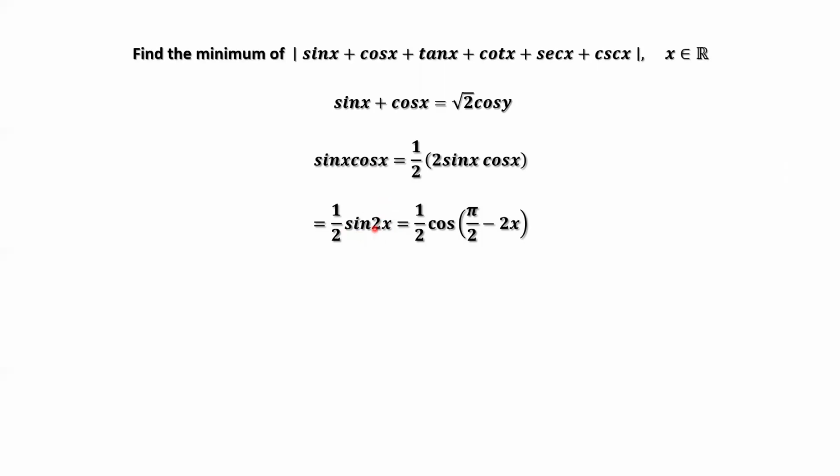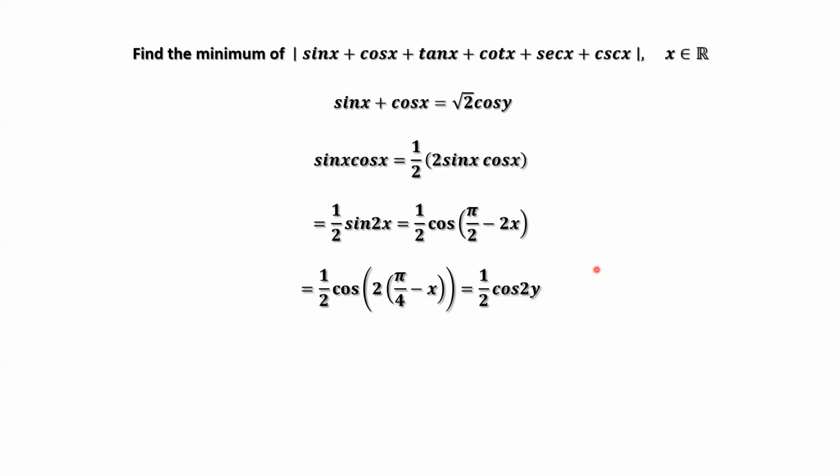Yes. Sine equals cosine of 1/2 pi minus this angle. We can factor this 2 out. What is pi over 4 minus x? By definition, it is y. Therefore, sine x times cosine x equals 1/2 times cosine 2y.